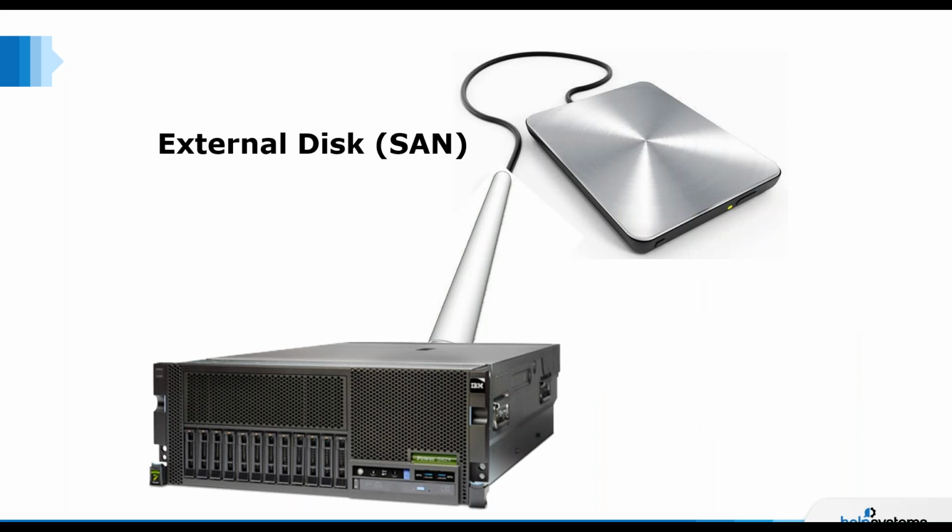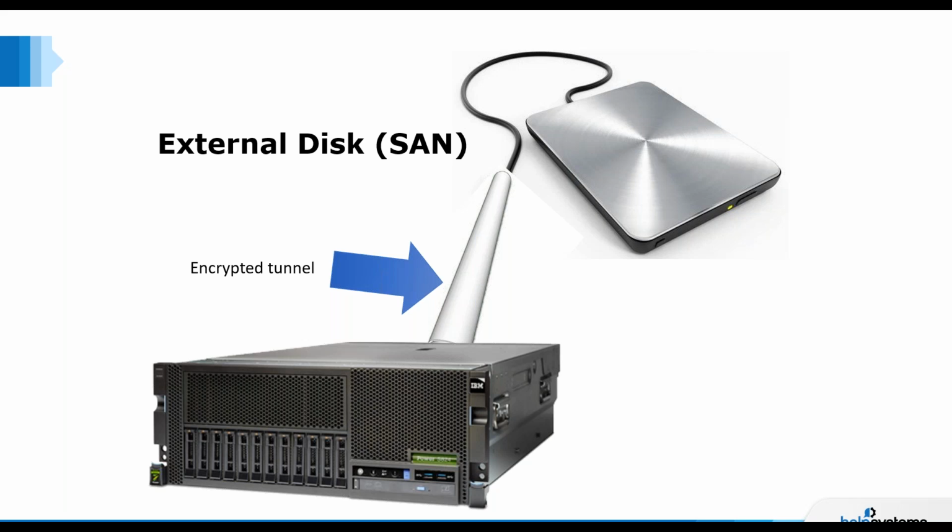Now, in contrast to internal disk, many of you are using external disk. Storage area networks are a good example, where the actual physical disk units are in a different geographic location from the server itself, and they're connected through some type of pipe. When we use full disk encryption, we do have protection of the data from when it leaves the disk controller inside the chassis to the actual physical disk unit itself.